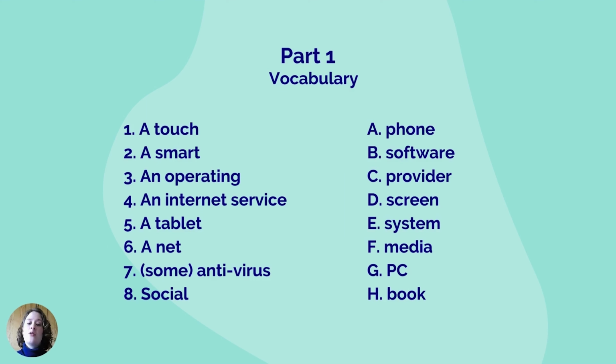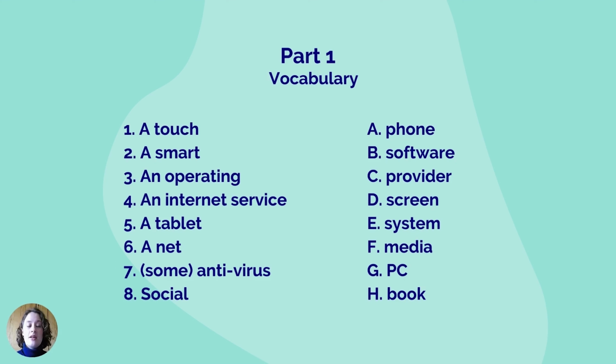Let's take a look at some vocabulary relating to technology. Can you complete the phrases by matching the words on the left to the words on the right? Let's start with number 1. A touch. Number 2, a smart. Number 3, an operating.